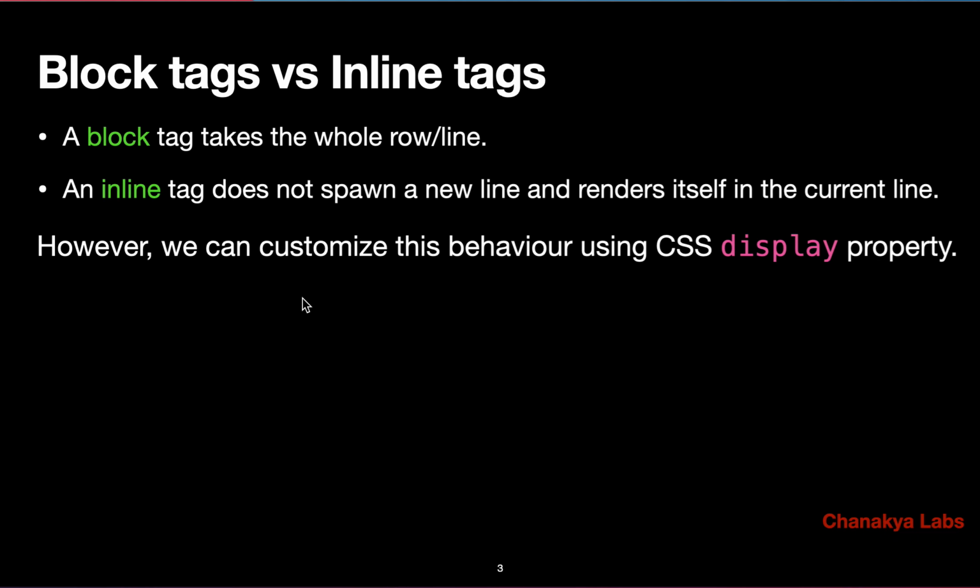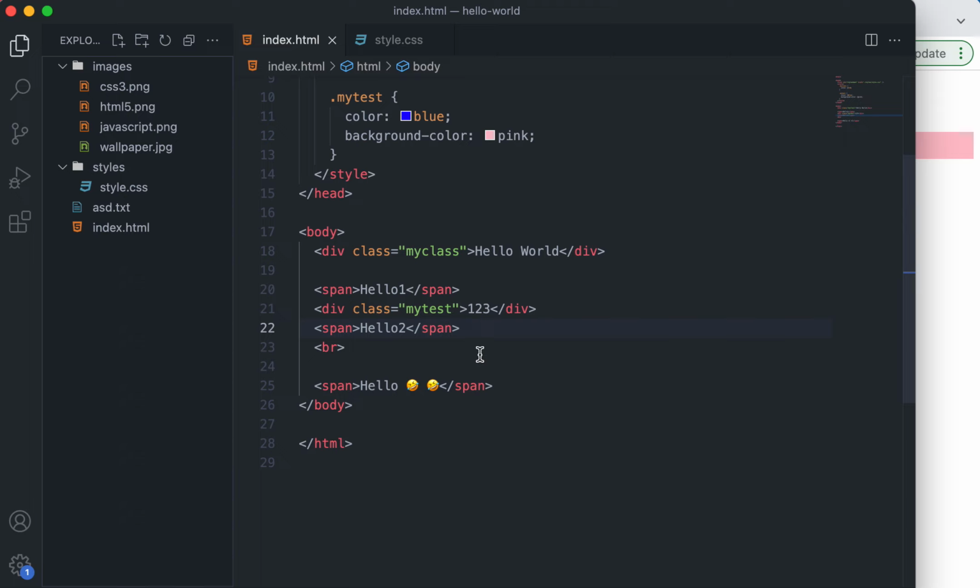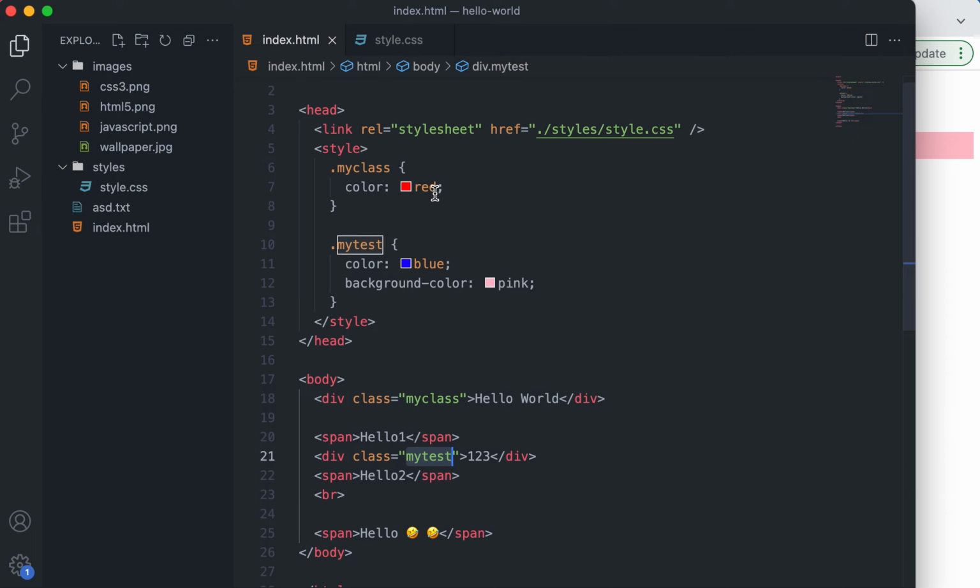However, we can customize this behavior using the CSS display property. The display property takes values like inline and block. I will explain all these, but the point is that, for example, here we have a div, and right now it is block.